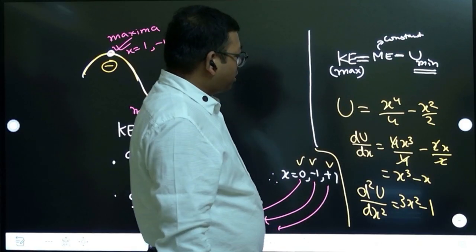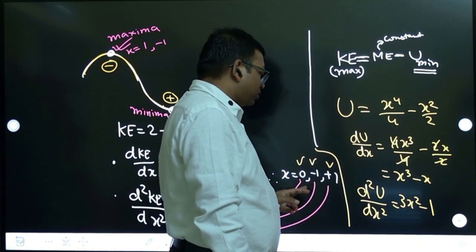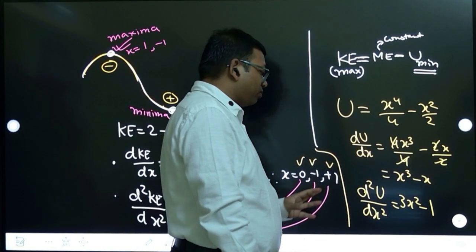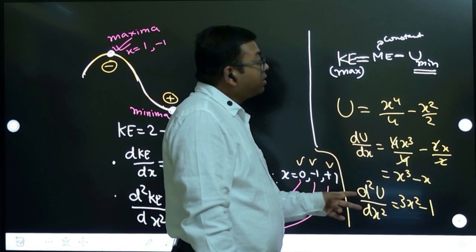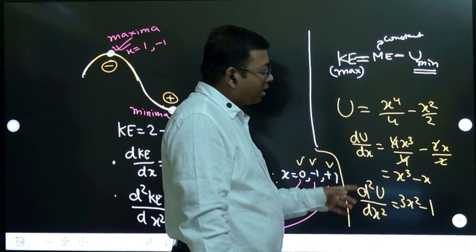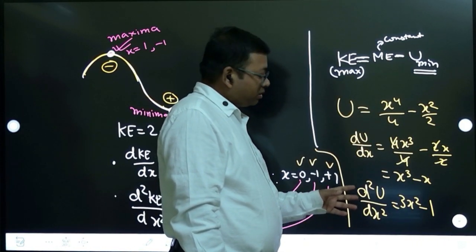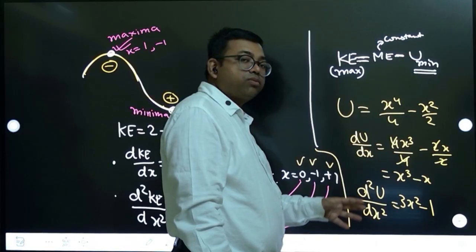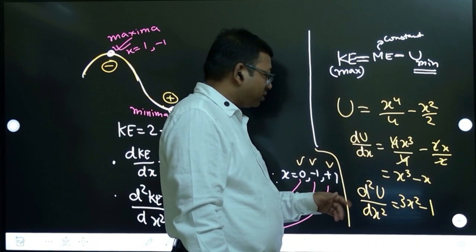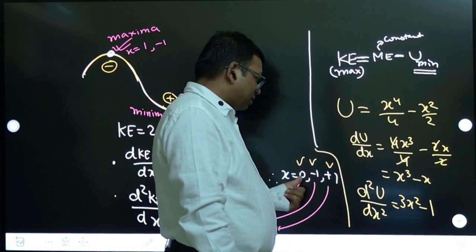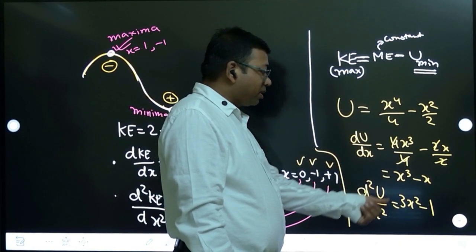Right? Now after getting these three roots, you will substitute and check. You want this minima, so for that you have to get double differentiation positive, because you want minimum potential energy. Suppose if I put 0, it will come negative.